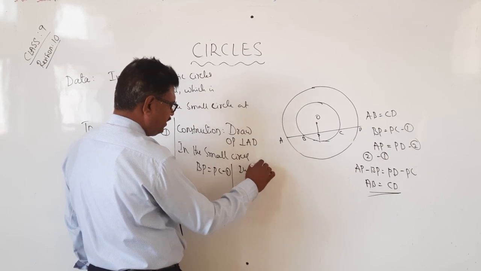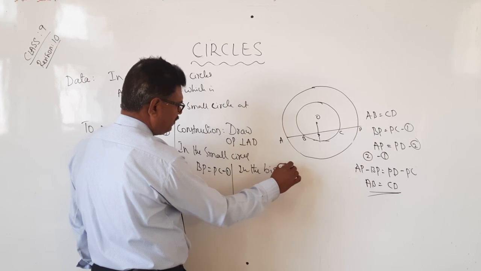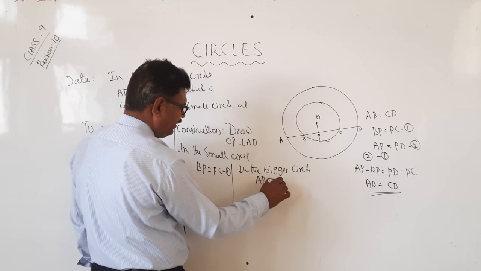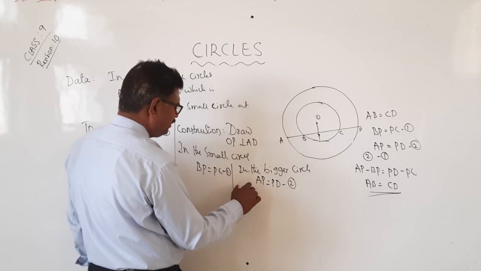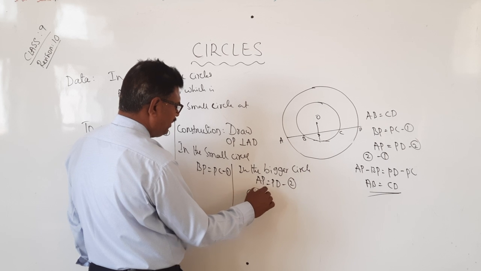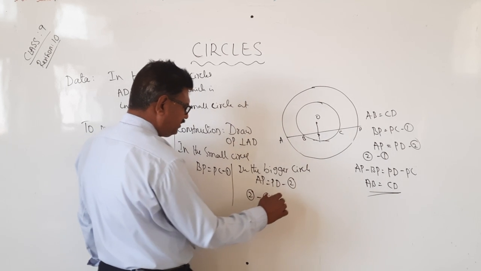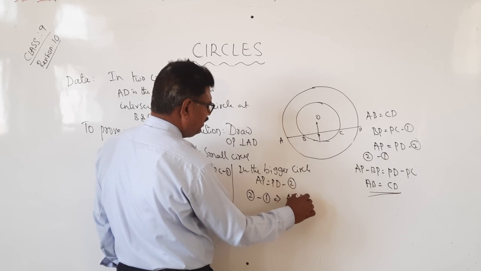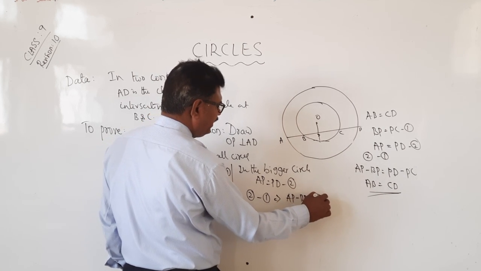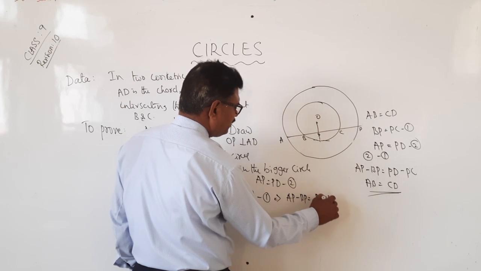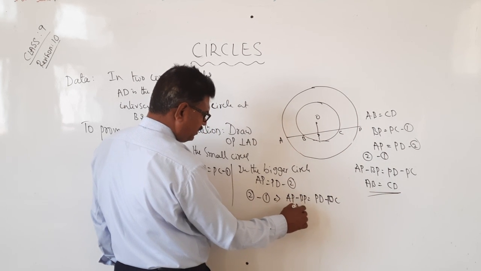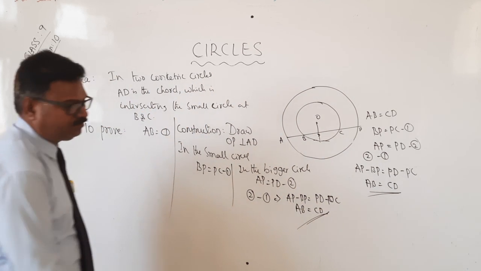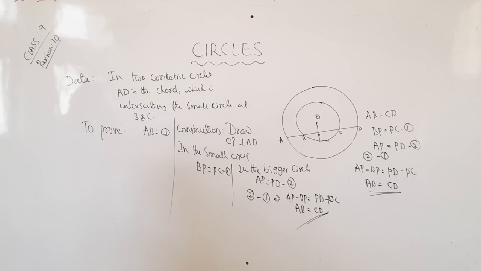In the bigger circle, AP will be equal to PD. Second. Now subtract 1 from 2. So what you will get? AP minus BP equal to PD minus PC. Therefore, AB will be equal to CD. That's it. Okay, na? So like this we have to do.